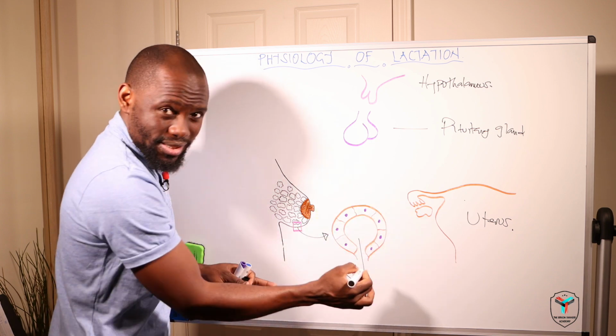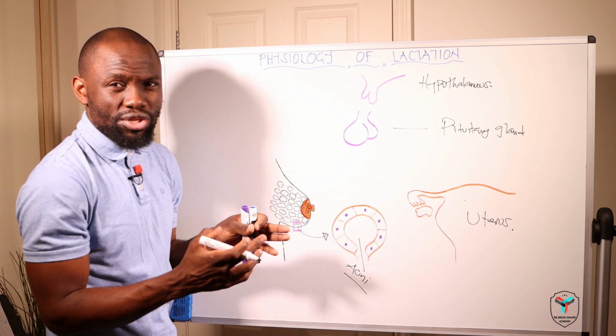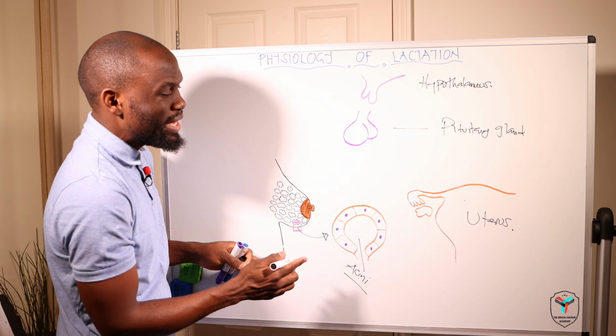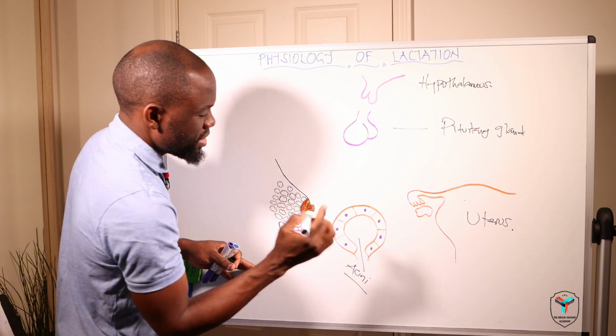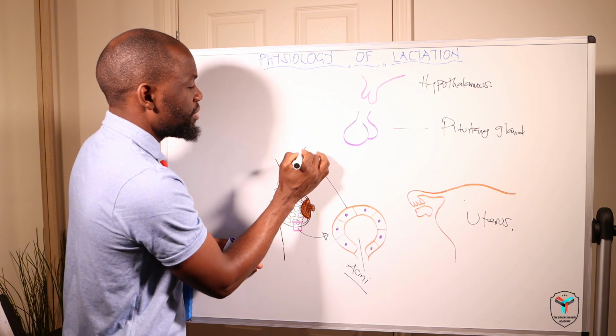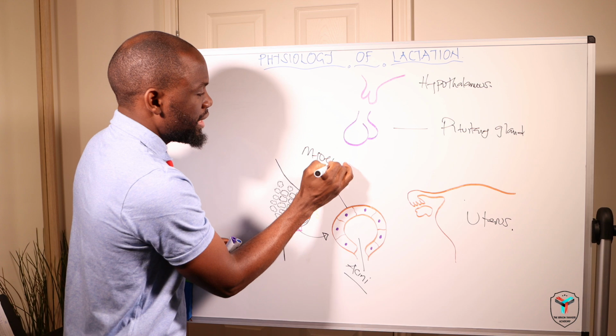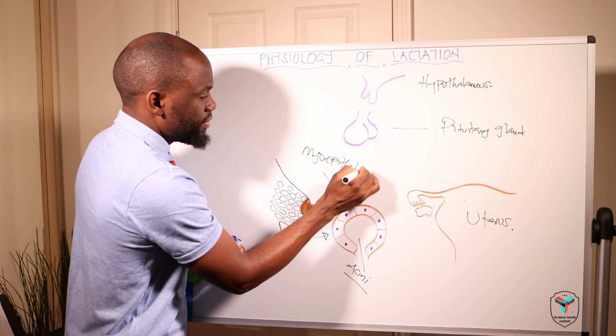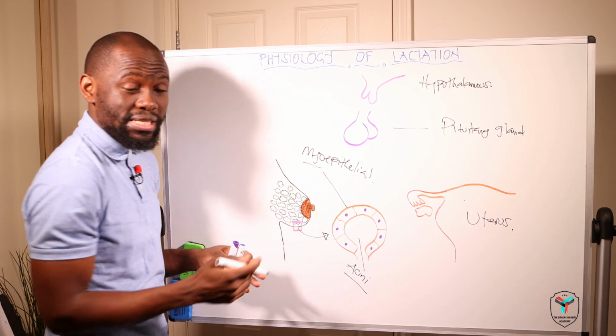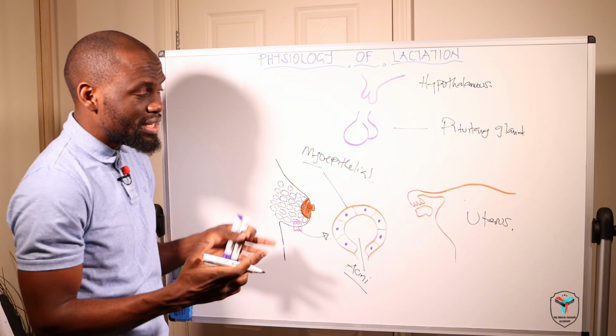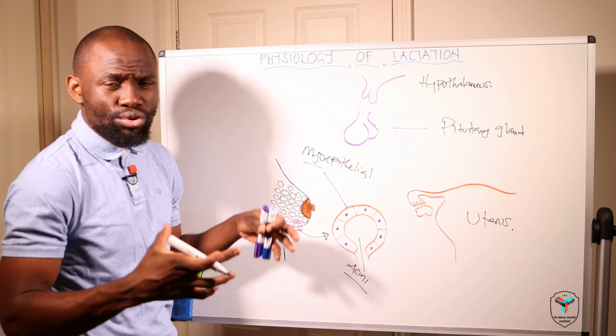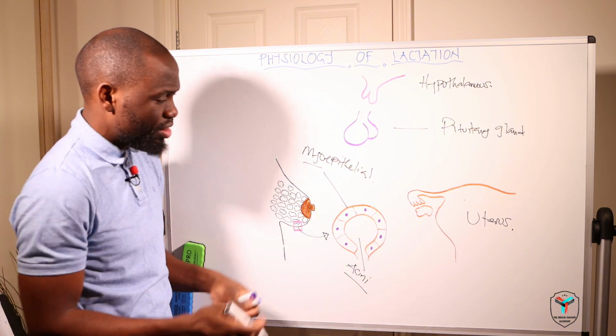Now the acini cell here is what is producing the breast milk itself. Then around the acini cells, you have another special type of epithelial cells, which we call the myoepithelial cells. So myo, it means that they contain some muscle in them, meaning that their function then will be to contract and then get rid of the milk.